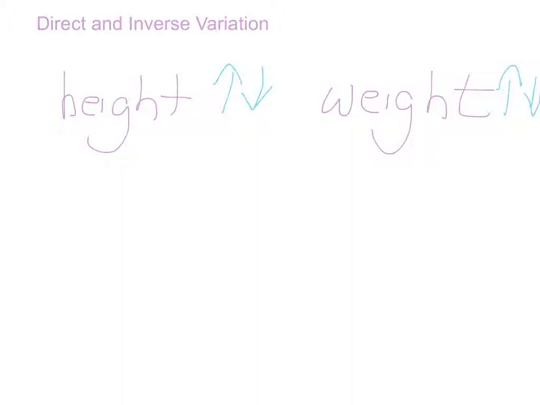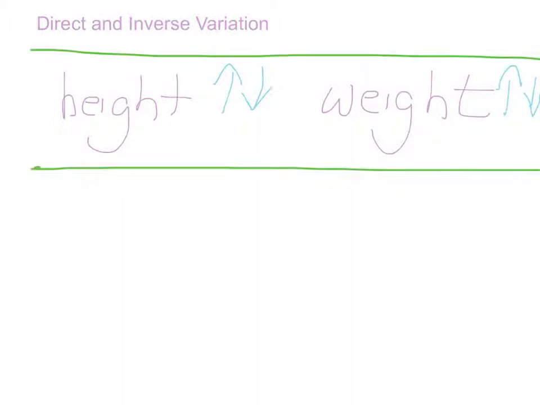Let's think about some others. I know in the next few days I'm going to be moving to a new apartment, and I'm interested in the time it's going to take me to move, and the number of people that show up to help me move. So I'm going to put the number of helpers.